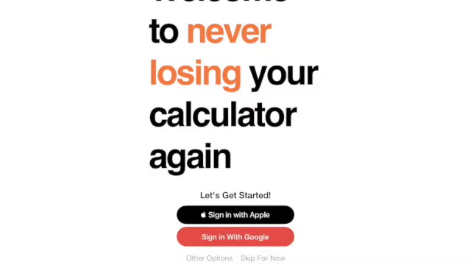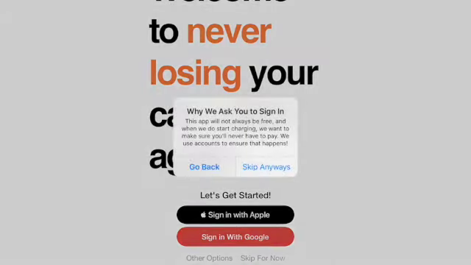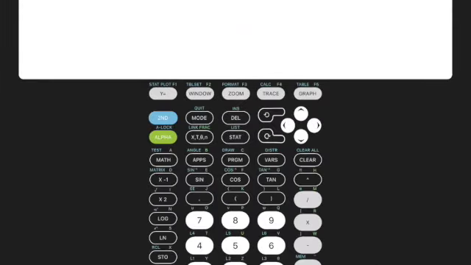I like the Calculate 84 app. You do not have to sign up. You can skip. It just doesn't save whatever you did.